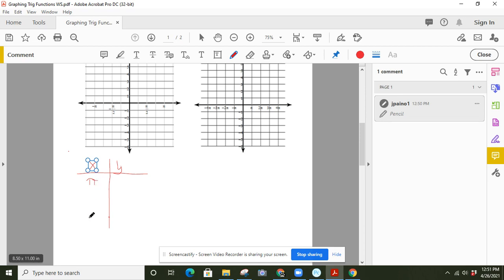Okay, so pi plus pi halves is 3 pi halves. All right, and then in the middle of that will be 5 pi fourths.